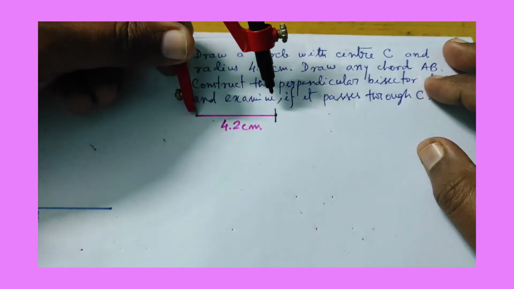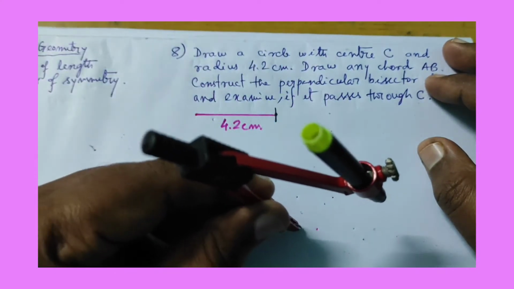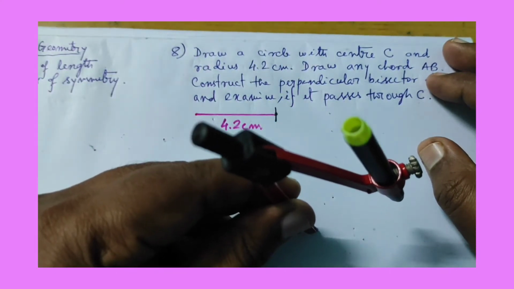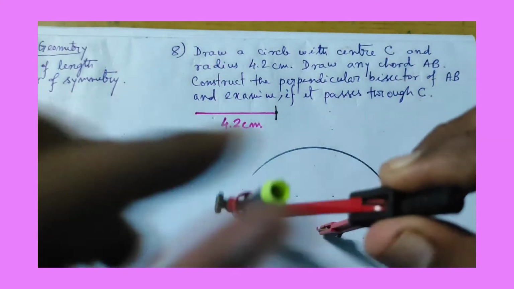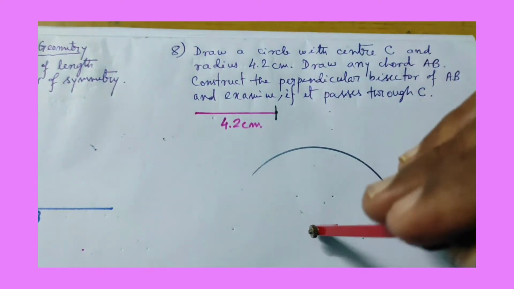Give a small arc over here, and with this radius, let us complete our circle of radius 4.2 centimeter like this.